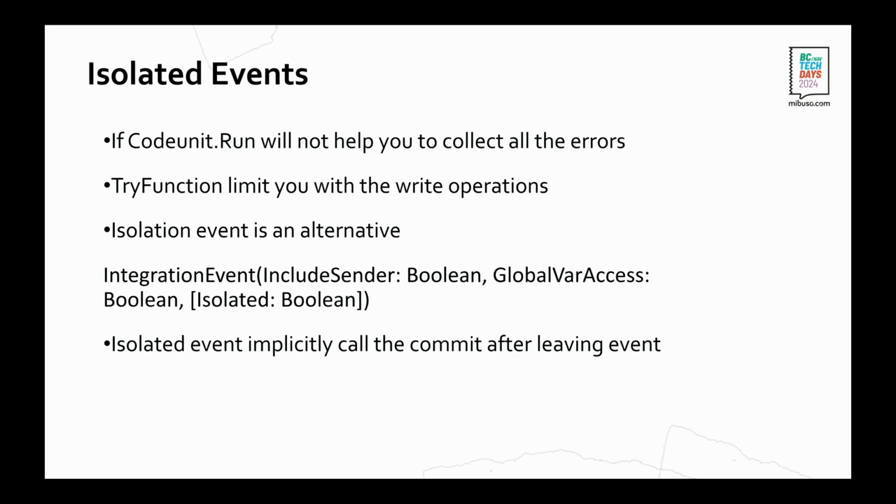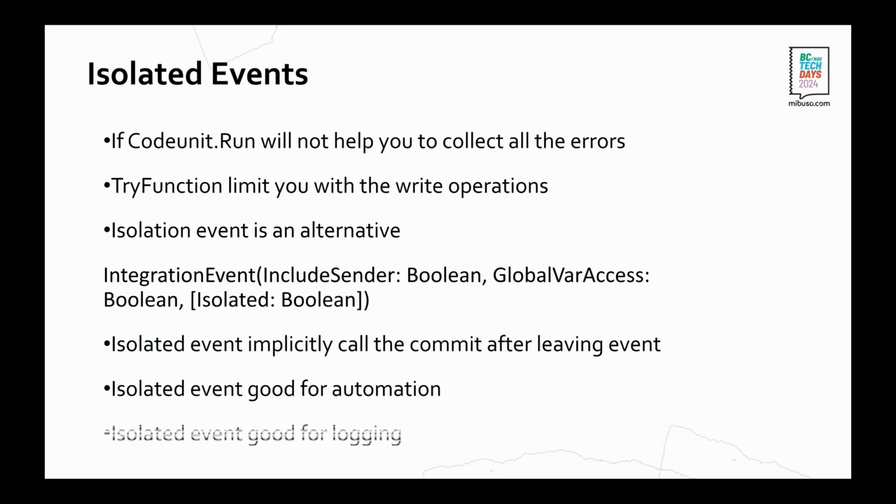Please be aware that it calls an implicit commit after leaving the event. A very important detail. So a new transaction. It's good for doing automation, and it is also good for doing logging, if you so want to.